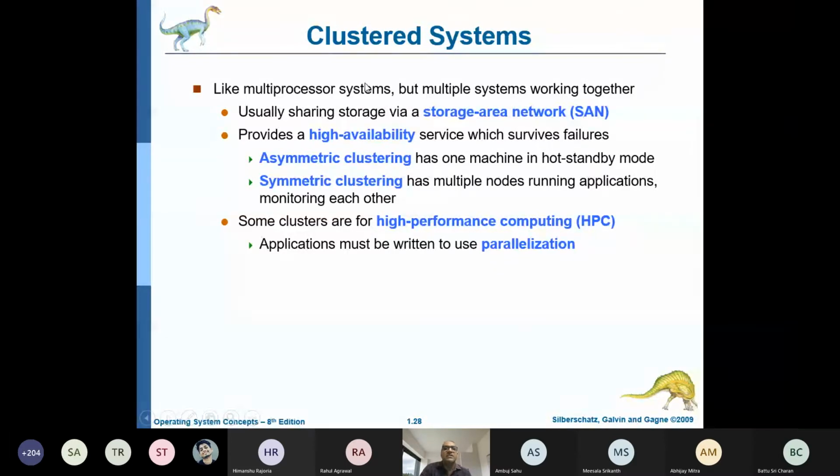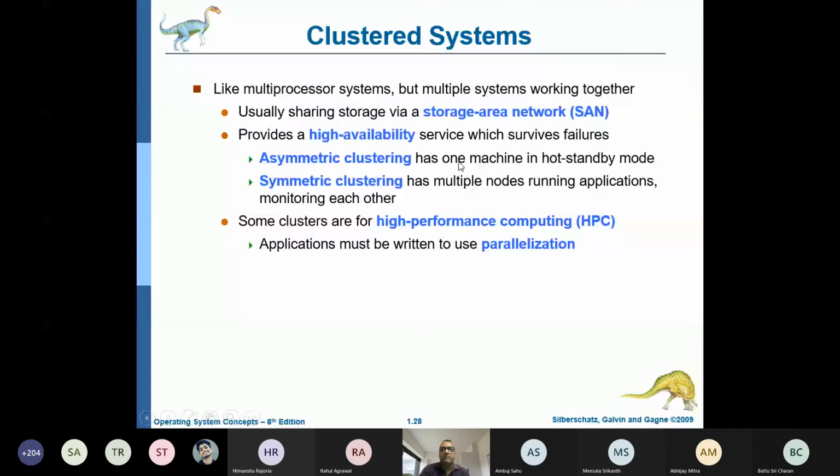You can view each system as a node, and then the communication between the nodes and other things. Since you have multiple nodes, you can view the clustering in terms of the way it works, whether it's asymmetric clustering or symmetric clustering.